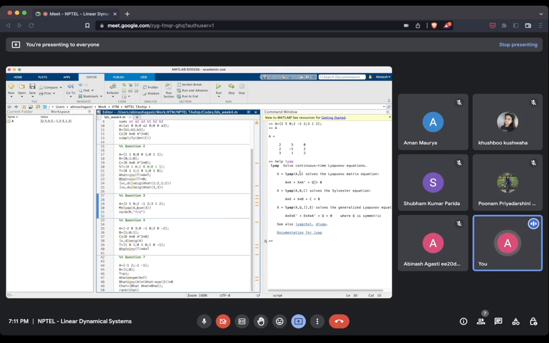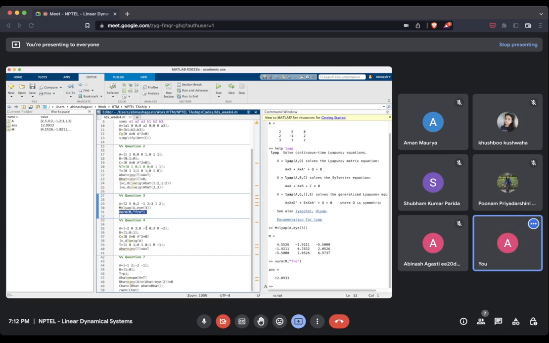So this takes only two inputs. One is the A matrix and another is the Q matrix, which for us is the identity matrix. Okay, so the M matrix is given by this. Then further to find its Frobenius norm, all we have to do is put in the norm function and we get this. Is it clear?